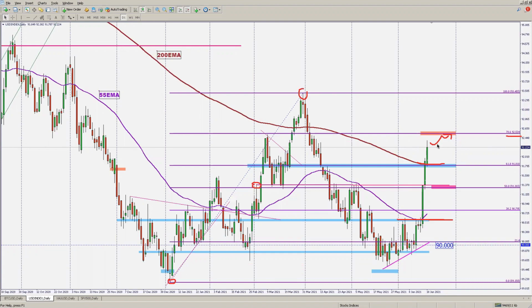It could continue to do that next week, as this is now potential resistance.